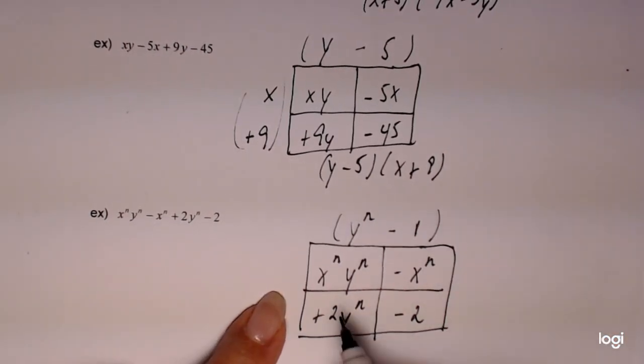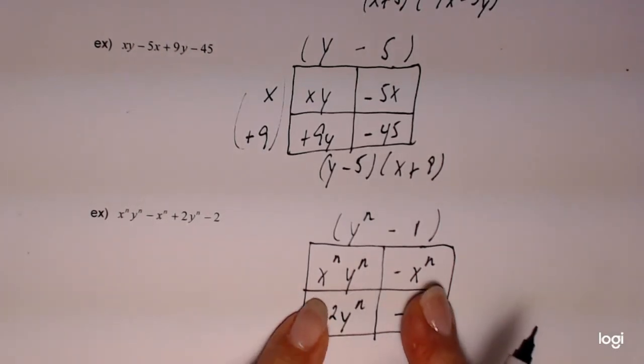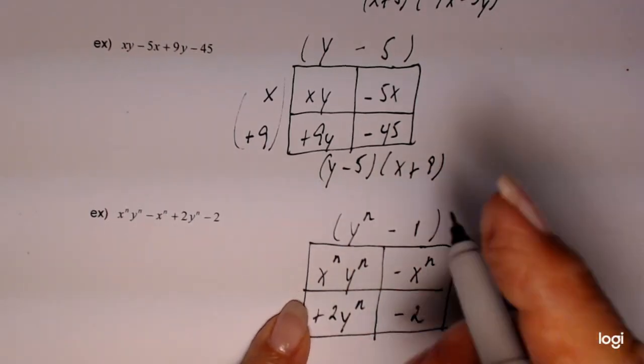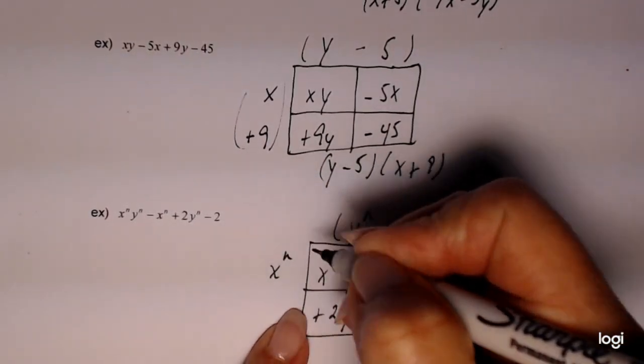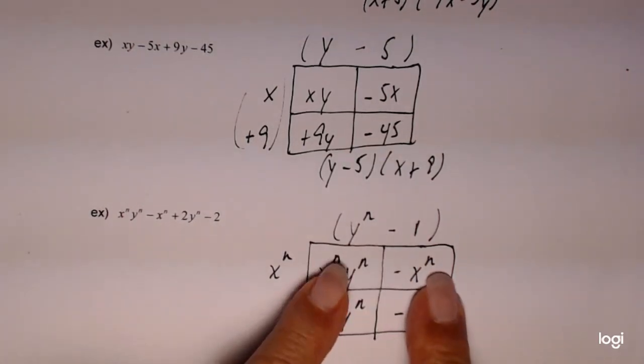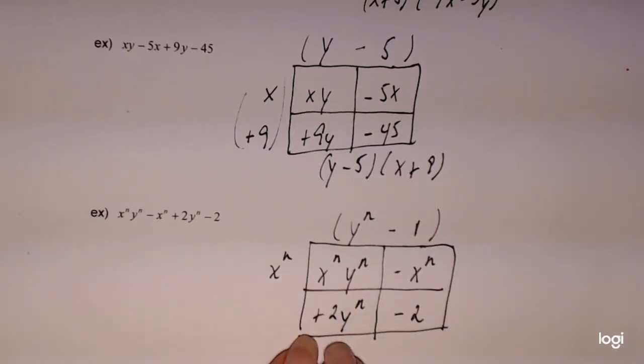And now going across x to the n, y to the n, and here we have x to the n. So we can see x to the n is in common. So we can pull that out. And to repeat what I said about the y's, it doesn't matter we don't know what n is. It's the same n exponent in both. And then down here in this last row, 2y to the n, and then 2, we can see this coefficient of 2 is the same.